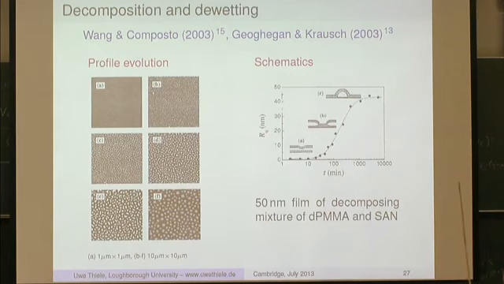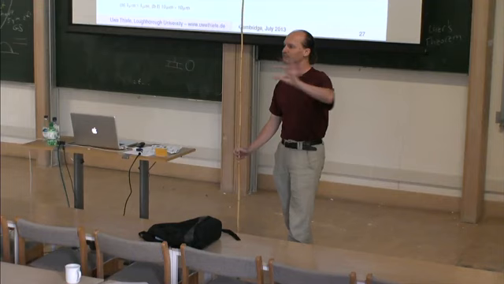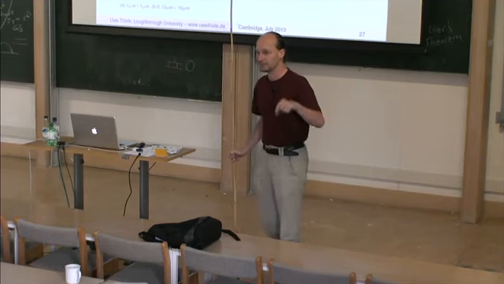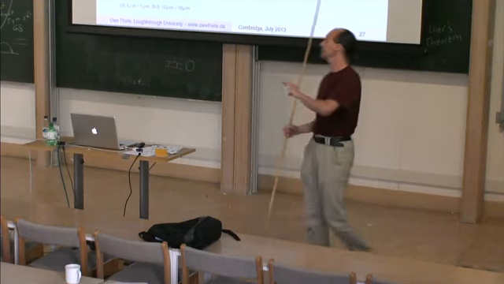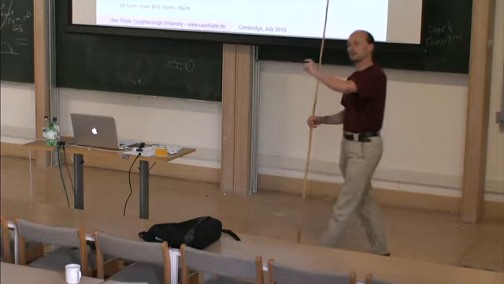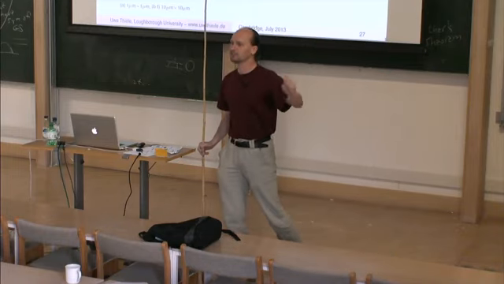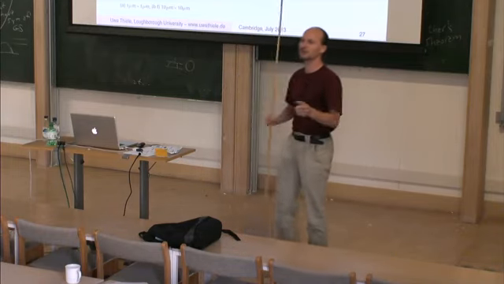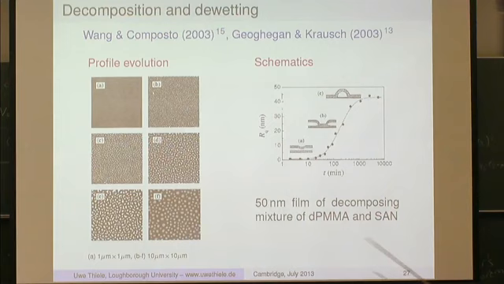And so you can see in the extreme cases, you can see either a film that remains flat, but the mixture decomposes inside the film, or you could see a film that remains homogeneous, but not flat because it de-wets, right? And then you can see all sorts of coupling. And so these are snapshots from the top where you just see the profile evolution in one of those cases.